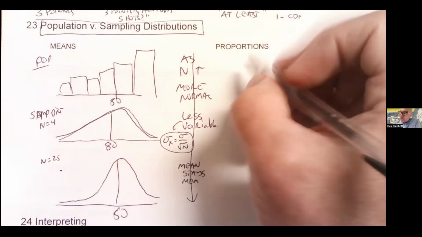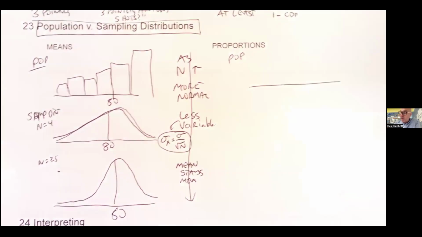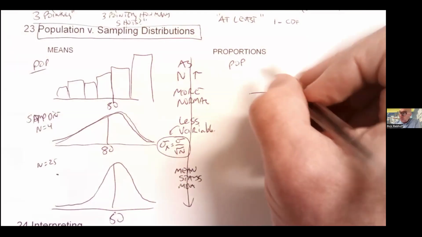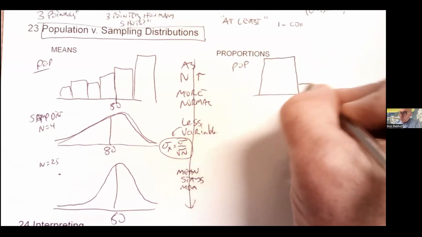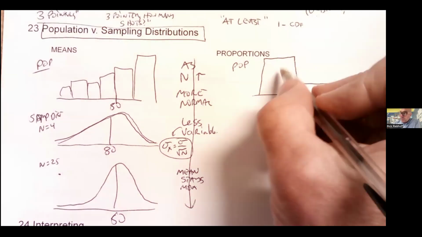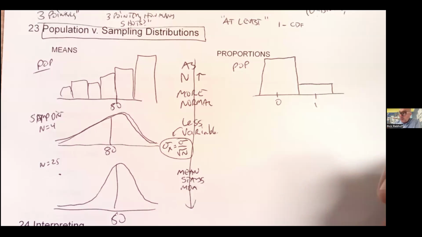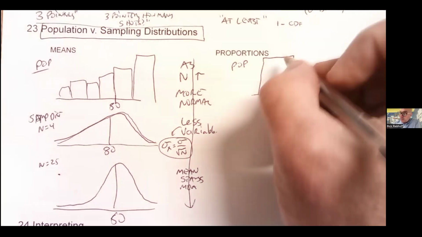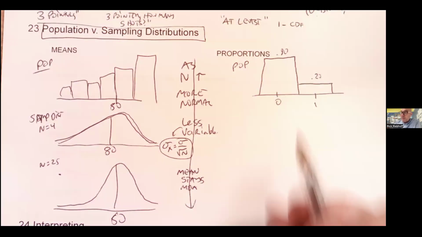For proportions, the population, this is kind of weird because it's either yes or no. So if it's, I don't know, percent of people who think Miss Rebuff would look better with hair. So this is 0, this is 1, and let's say this is 80%, 20%. So that's the population distribution.